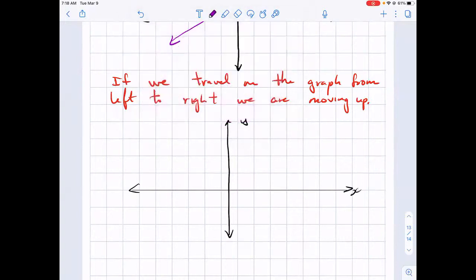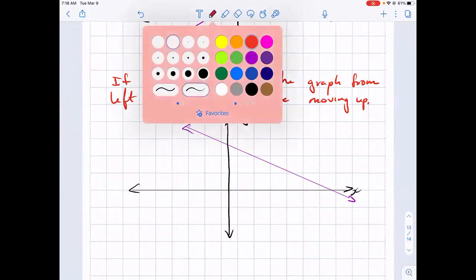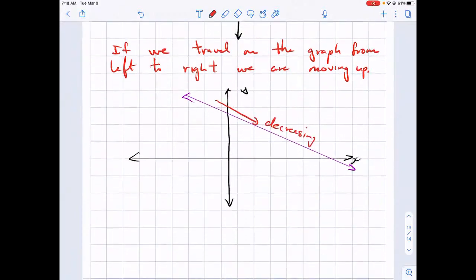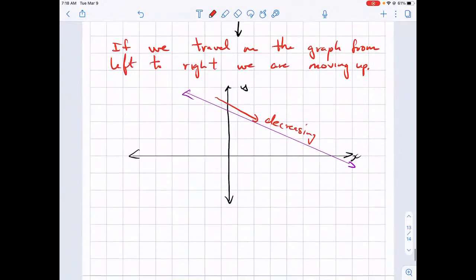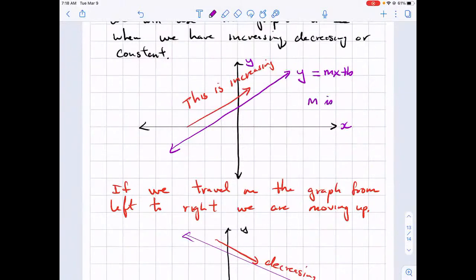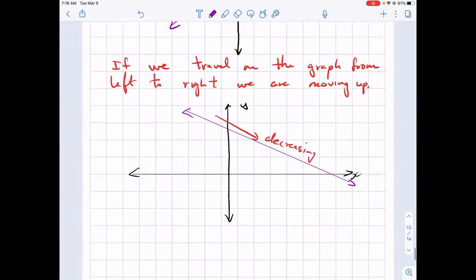Here we will be decreasing. You will notice that anytime the slope m is positive, we will have increasing. Here m is negative. Anytime m is negative, we will have decreasing.